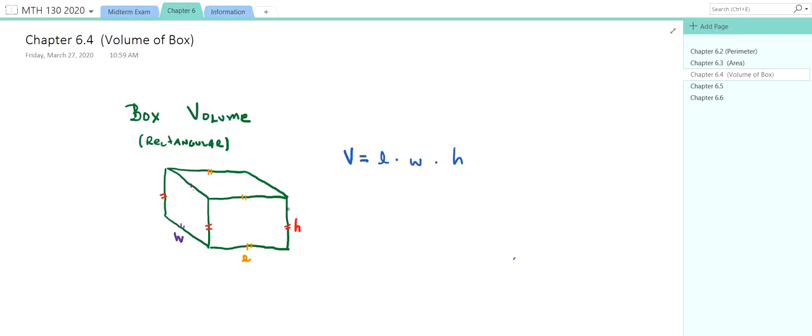A certain height, h. The red here is the same height, same height, same height here. There'd also be a height in the back here, which you can't see. There'd be a length back here, which you can't see.